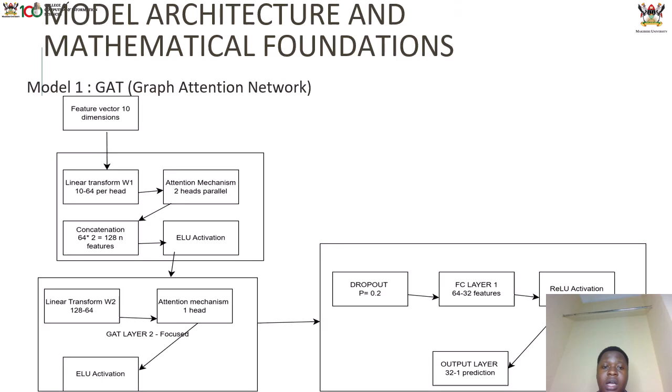So we shall also move to model architecture and mathematical foundations. We mainly focused on graph attention network and residual robust neural network. The reason why we focused on these is because of their development process.